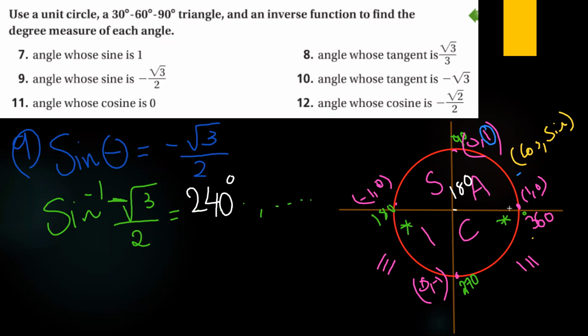So I will draw this line here. Then I will rotate, starting from here, with 60 degrees. After that, I found that this is 60 degrees. But I need to find now the measure of the angle.